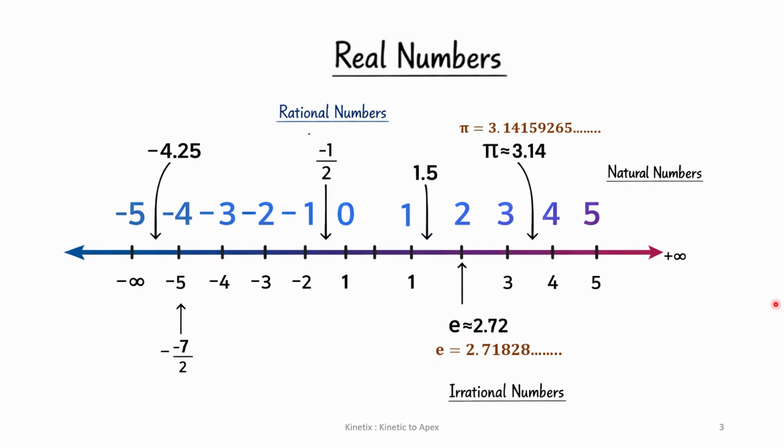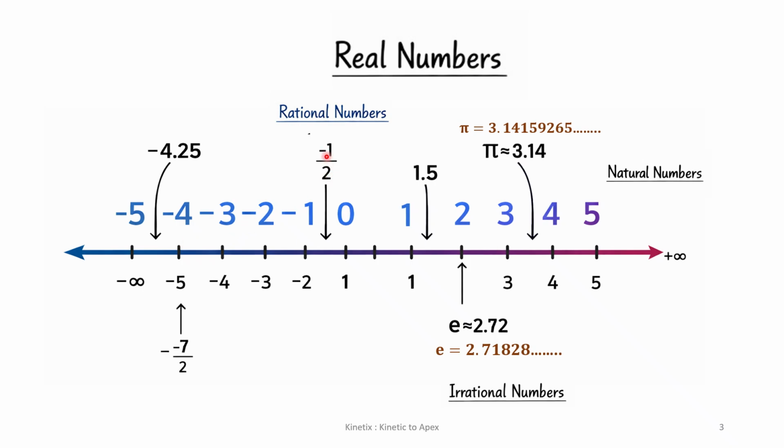We have here represented all the number systems in the form of a number line. Let us say this is 0. From 0, 1, 2, 3, 4, 5. These are the natural numbers. Natural numbers with 0 become the whole numbers. Then whole numbers with negative numbers become the integers.